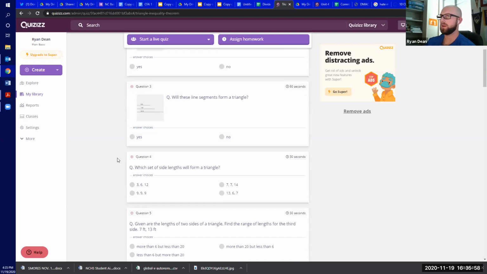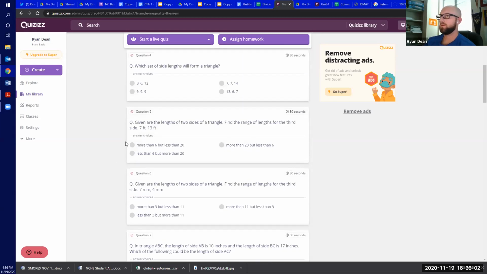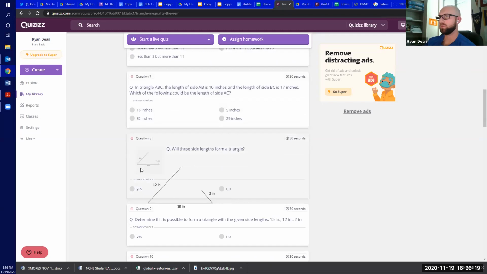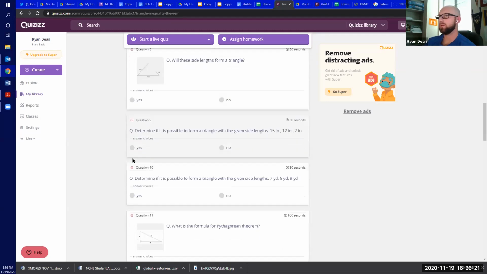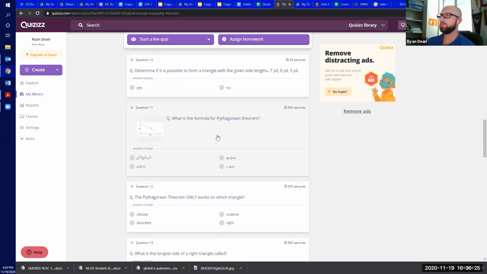So we have some stuff like that. More of it. Here's the range question that we discussed a few moments ago. Here's one that says, what could the length of this side be? So this goes in line with all those. Same with this one. So lots of practice about determining whether or not something is a triangle.